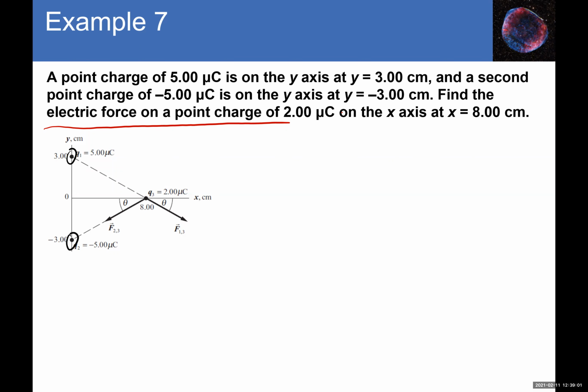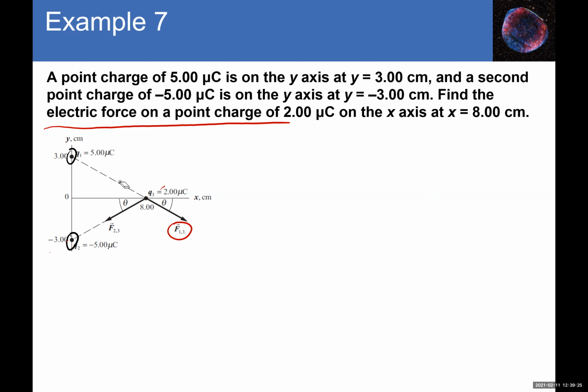Q1 is positive, Q3 is positive, so F13 is repulsive, along the radial line away from Q1. That's the force of 1 on 3. Q2 is negative, Q3 is positive, so it's attracting Q3 toward it along the radial line, toward Q2.